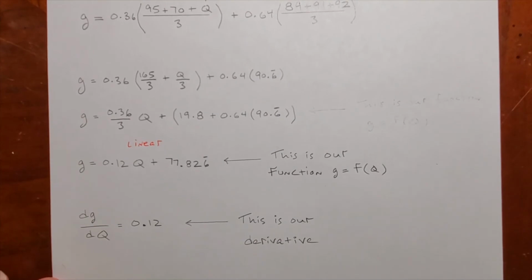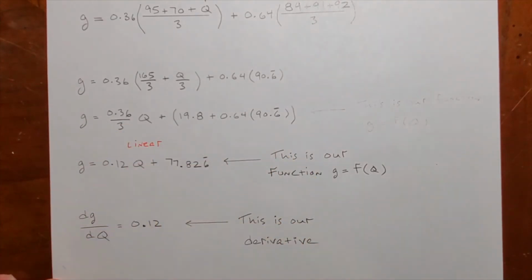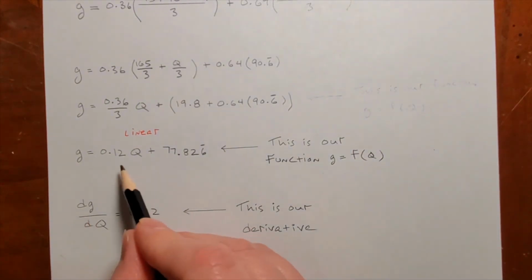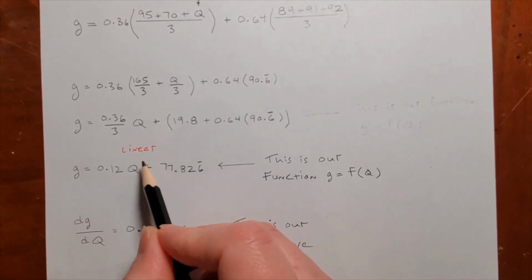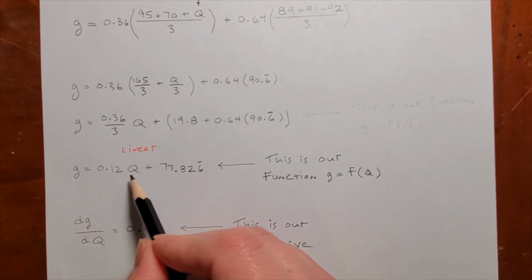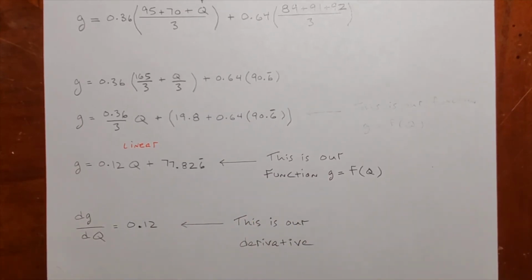That's what a linear function is. It's linear because the Q there, the variable Q, is to the first power. All right? So, well, your derivative is the slope. It's 0.12. If that's Q to the first power, the derivative of 0.12 times Q is 0.12. So there's your derivative.